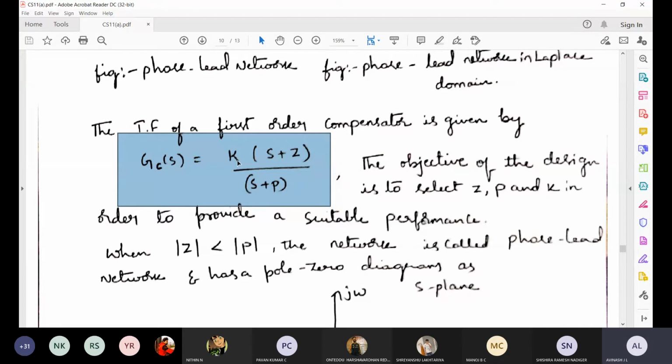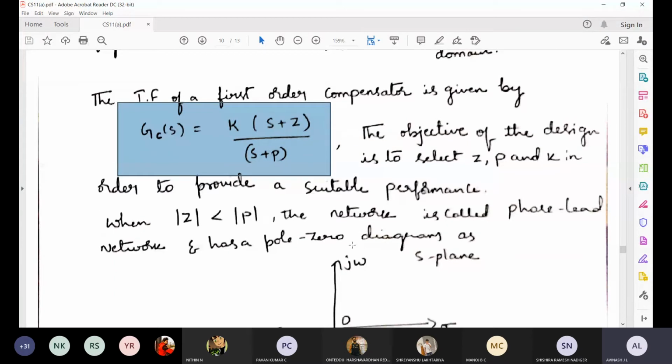Because in this equation K is unknown, Z is unknown, and P is also unknown. If you select the values of K, Z, and P properly, then we can achieve the compensation properly. That is the concept here: select Z, P, and K in order to provide suitable performance.